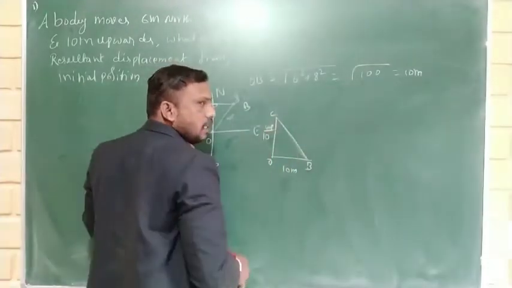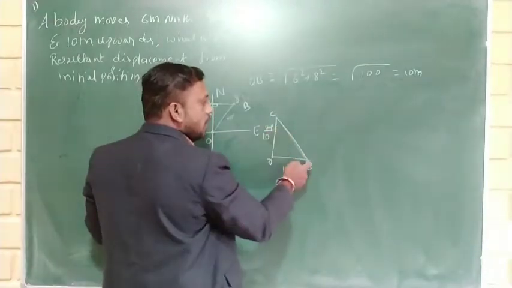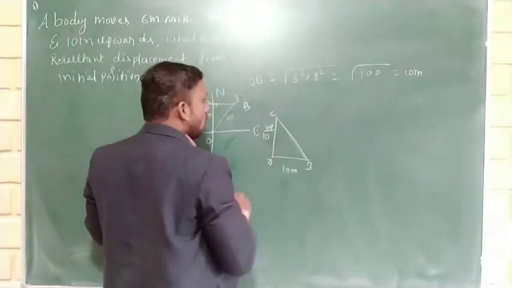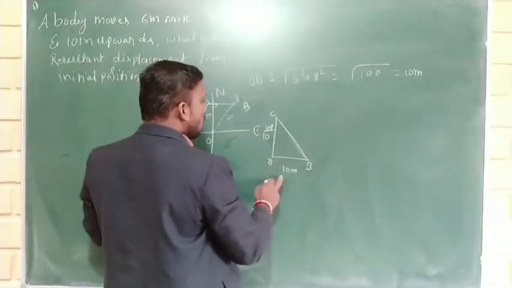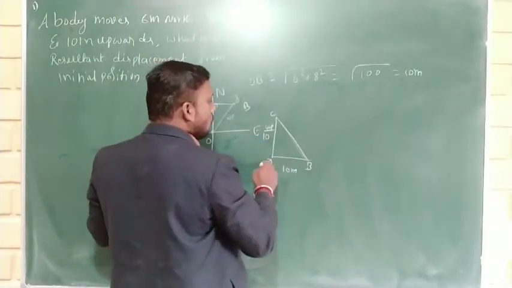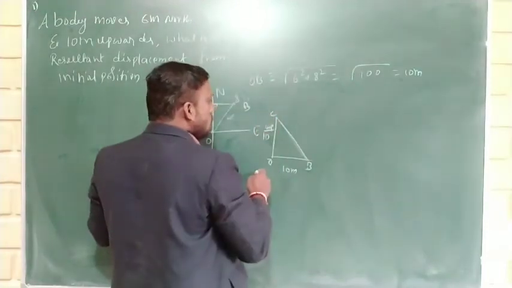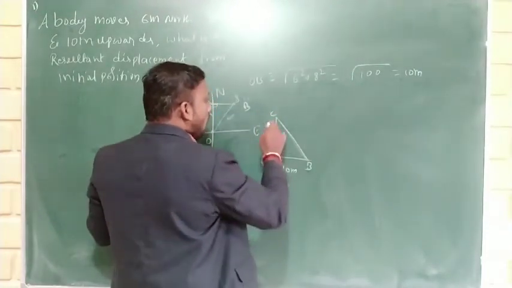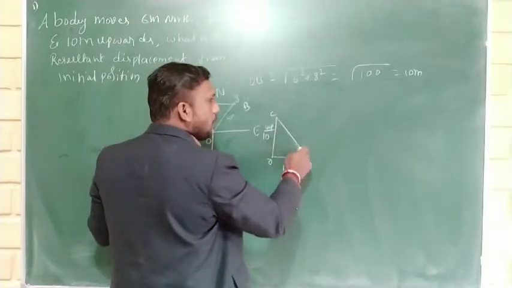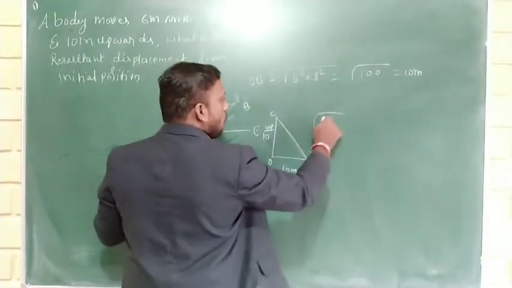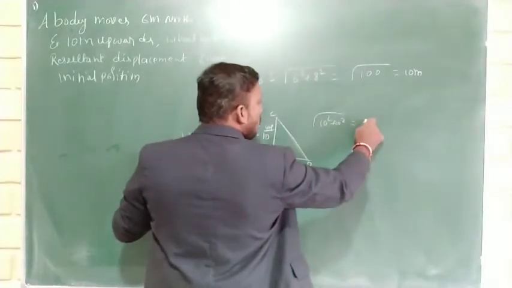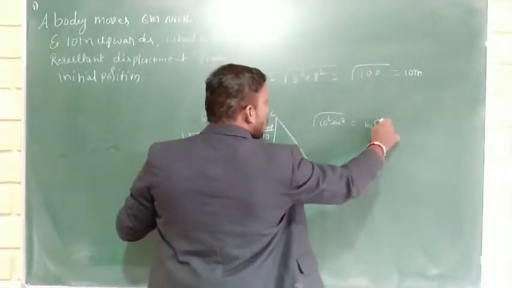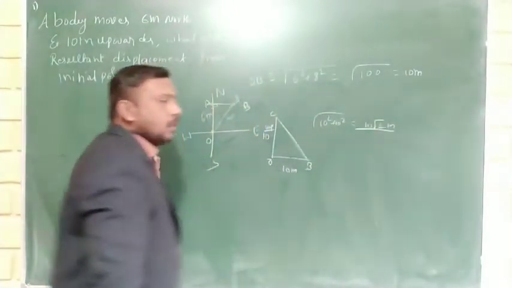This is the displacement from initial position to final position. The resultant displacement is square root of 10 square plus 10 square, that is equal to 10 root 2 meter.